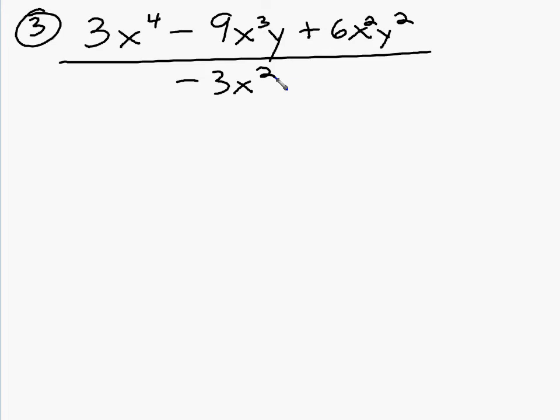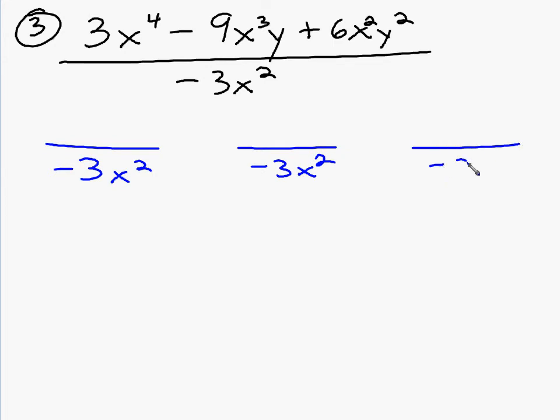Now, if I can split it into two fractions, I can split it into three fractions, so long as I put each of those terms in the numerator all over the denominator. So I'm going to have three fractions that all have a negative 3x squared in the bottom. All three fractions will have that same denominator of negative 3x squared.